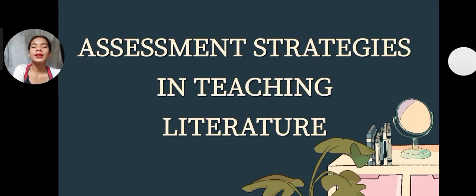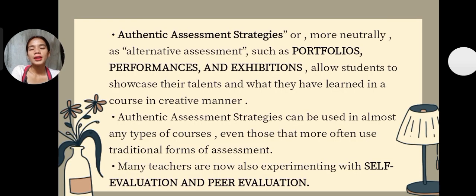Now, after understanding the levels of comprehension, let us go to the assessment strategies in teaching literature. Authentic assessment strategies, or more neutrally alternative assessments, such as portfolios, performances, and exhibitions, allow students to showcase their talents and what they have learned in the course in creative manners.